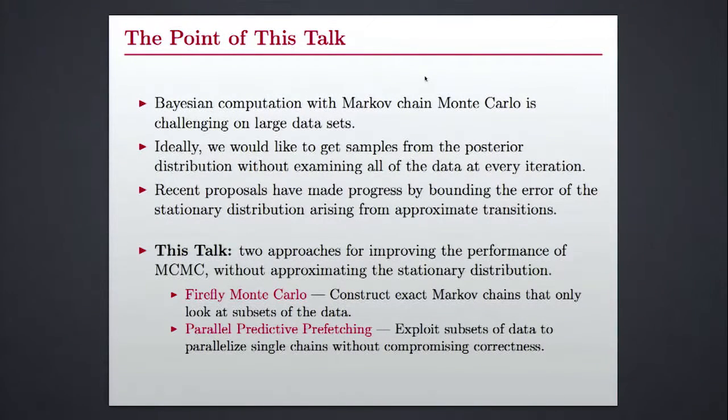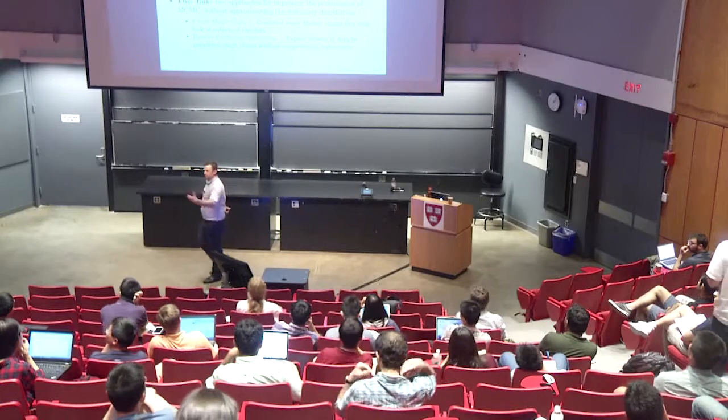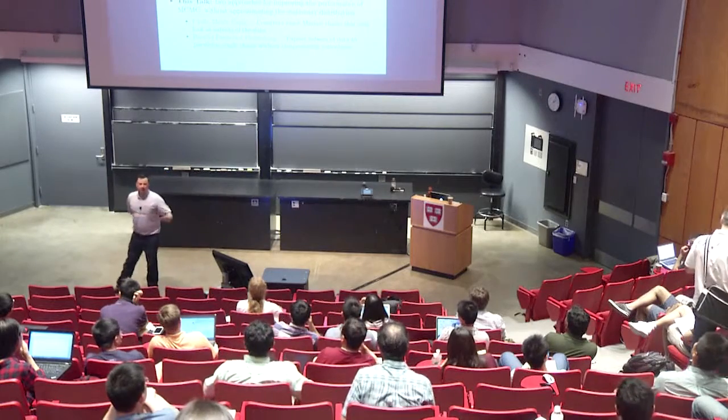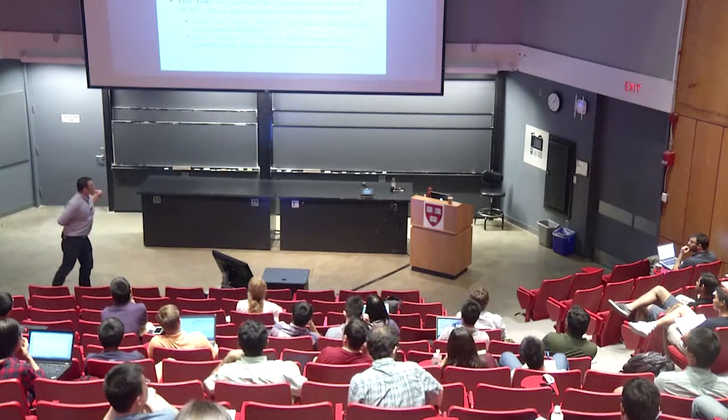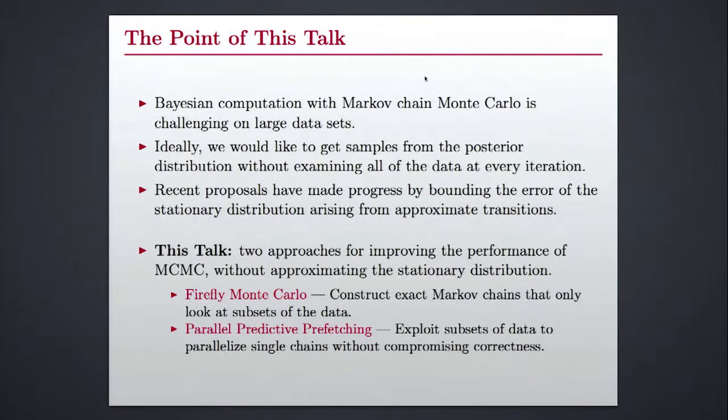The two methods I'm going to talk about are complementary. One is something called Firefly Monte Carlo, which is a way to construct a single exact Markov chain that at each step only looks at a randomized subset of the data, but nevertheless converges to the true full data posterior distribution. And then I'm also going to talk about a way to look at subsets of the data to parallelize single Markov chains, again, taking advantage of subsets of the data.